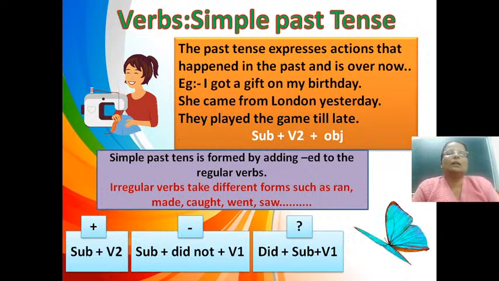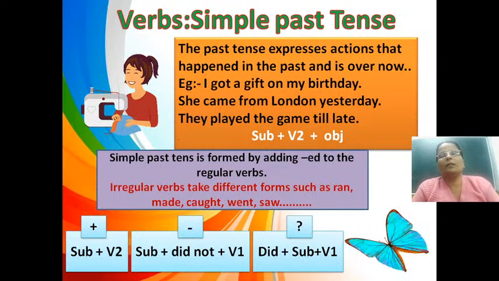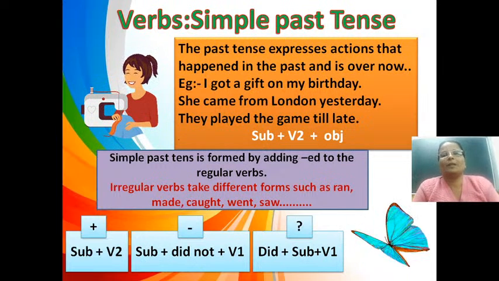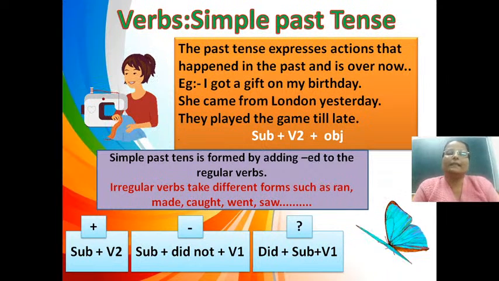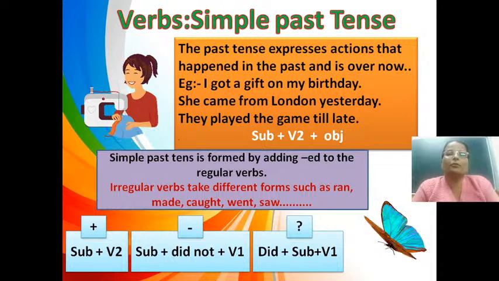And another example is go. In past tense, go becomes went. And in the same way, there is another word which is do. In past tense, it becomes did. And draw becomes drew.